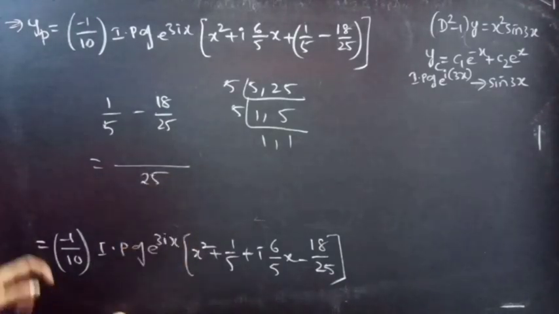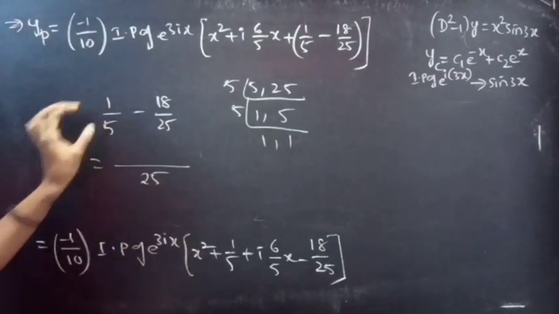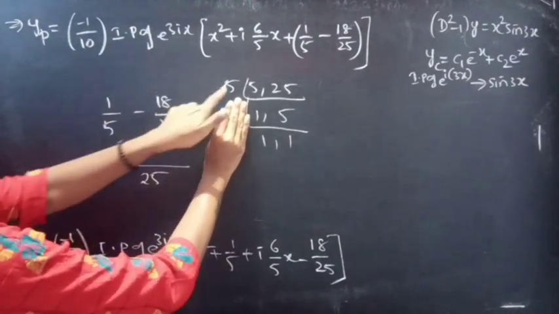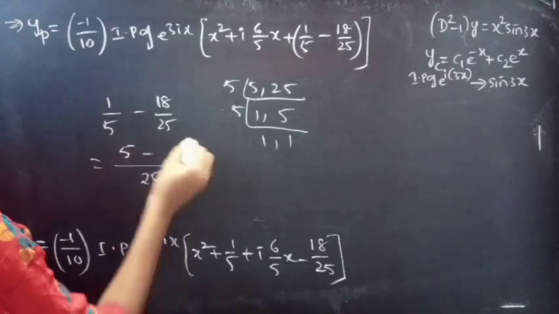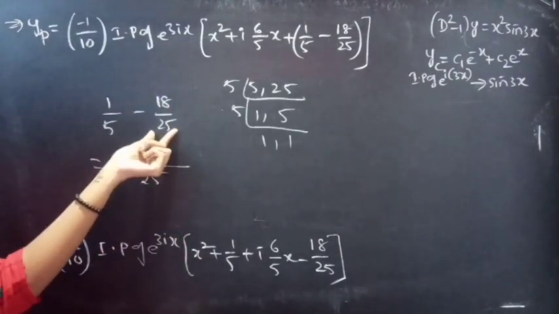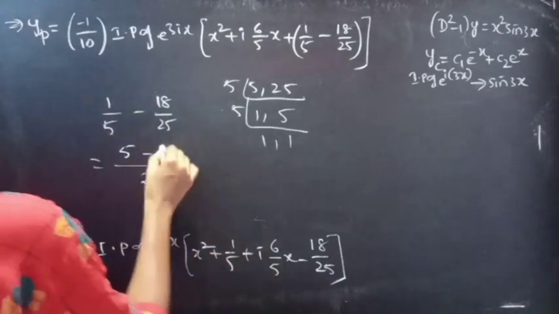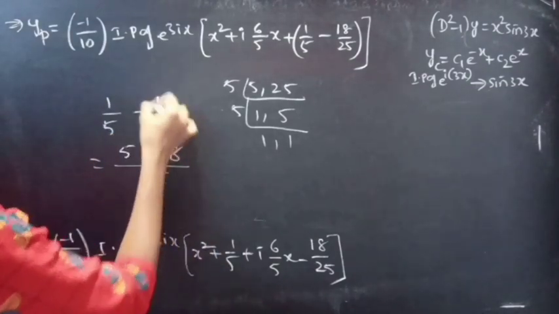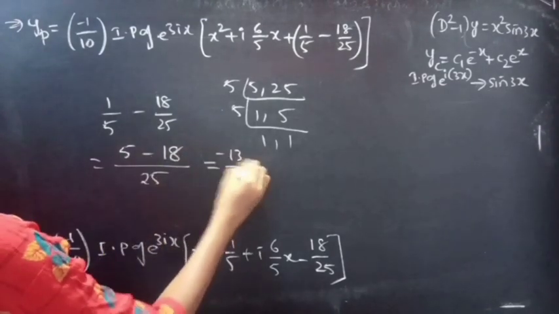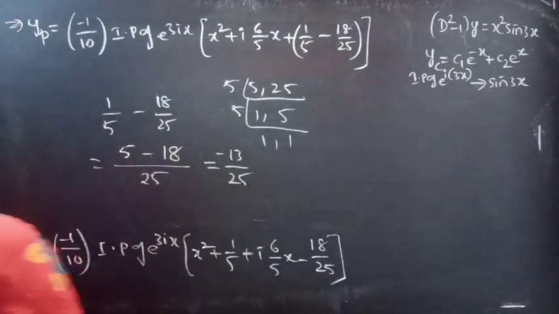In the denominator of the first term we have 5, so multiply that 5 to 1 and we get 5. The denominator of the second term is 25, so we multiply nothing to this 18. So we get 5 minus 18, which is minus 13 by 25, right?